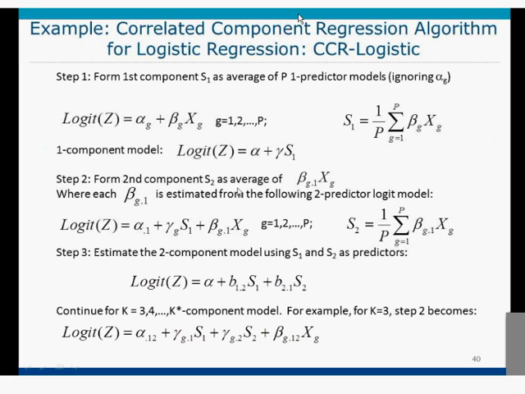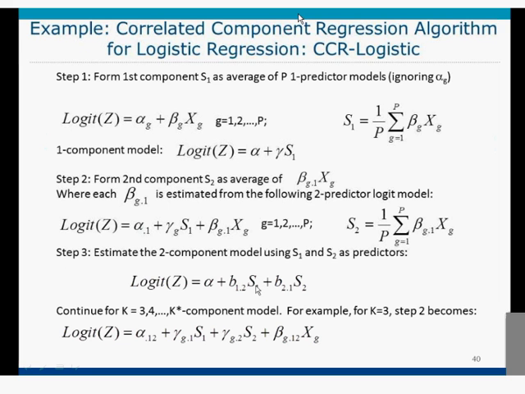Now, as far as the second component, again, it's the same thing. I'm now getting the partial regression coefficient. So I put each predictor in the model one at a time, and I estimate this partial log odds ratio controlling for S1, which was previously computed. Then I compute S2 by taking all of these partial coefficients. That gives me the second component.